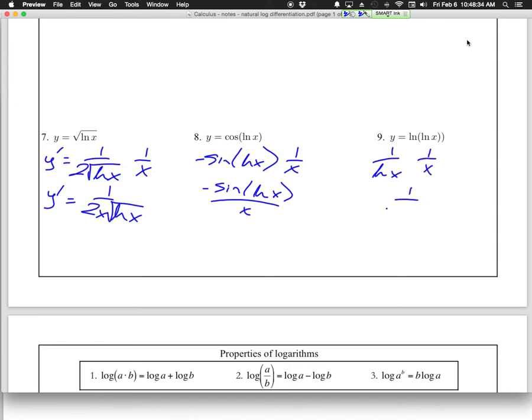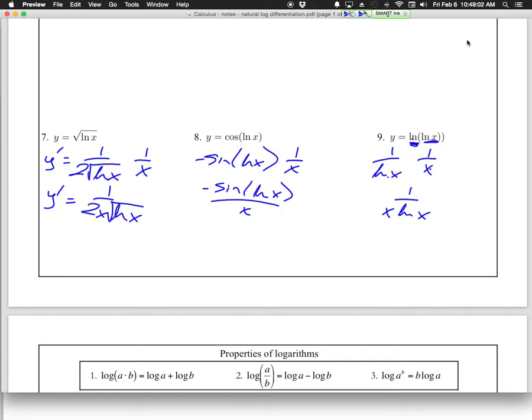So we get 1 over x natural log of x. I'm confused. Derivative of the outside. How do we take the derivative of a natural log? 1 over the inside. Then I need the derivative of the inside. What's the derivative of the natural log of x? 1 over x. So we have 1 over x natural log of x.